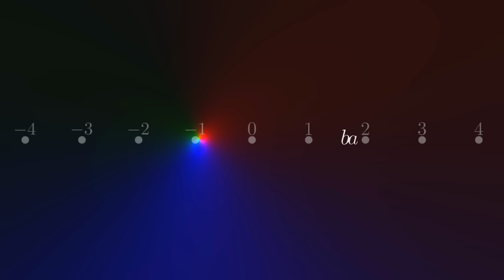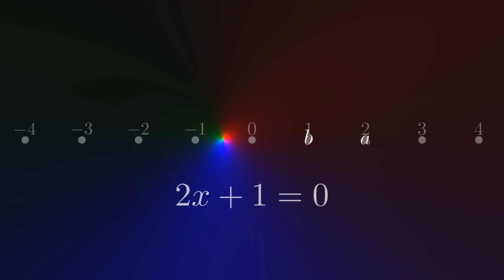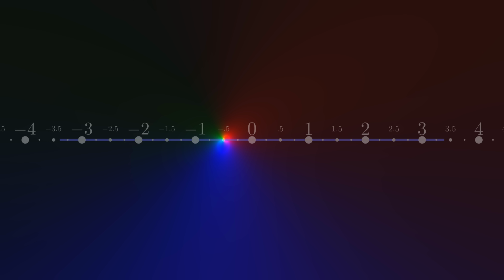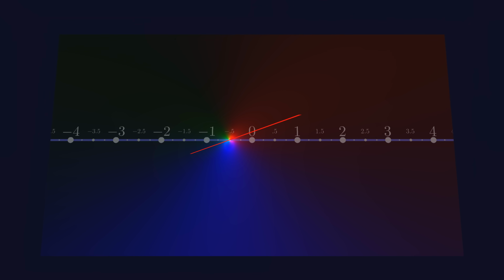Sadly, our number system is still lacking. This equation, 2x plus 1 equals 0, has the same problem. Our coefficients lie on existing numbers, but the solution lands outside of our number system. So it looks like we need fractions too. Heck, let's just add all decimals. We get a nice continuum of numbers. Surely our number system is finally complete.